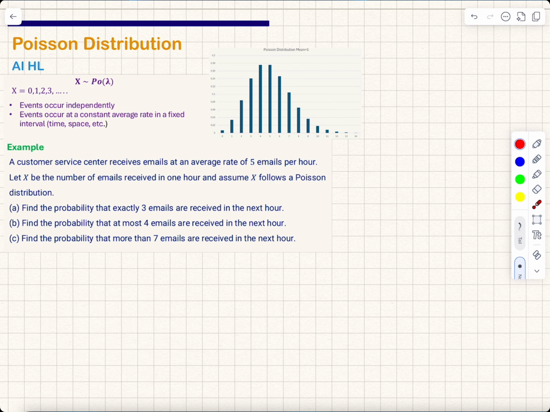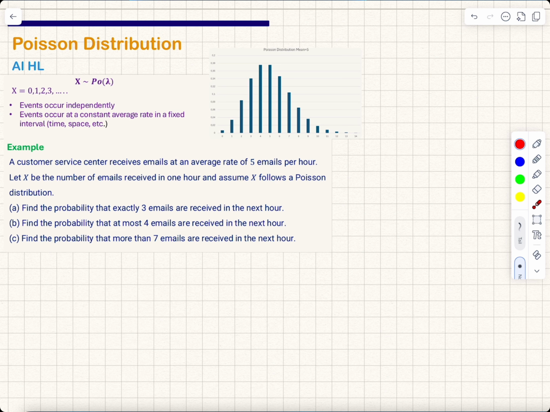So first, what is Poisson distribution? It's a discrete probability distribution that models events that happen at a constant average rate or mean rate in a fixed interval of time or space. Fixed interval of time could be like modeling the number of cars arriving on a road, let's say per hour, per day, per week, and so on.